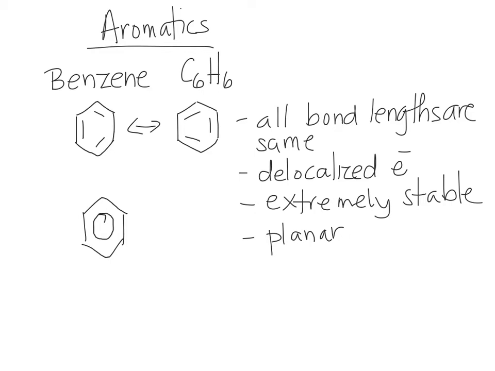And that circle represents those delocalized electrons that can move through that conjugated system. So that's the structure of benzene. We're going to focus on structures that have only one of these benzene rings in it.